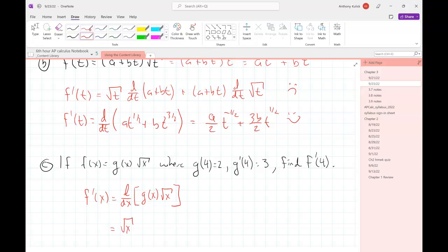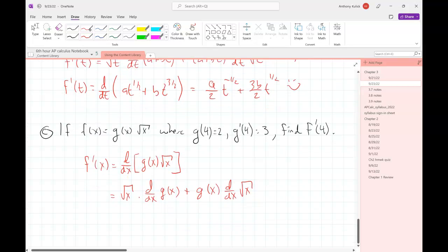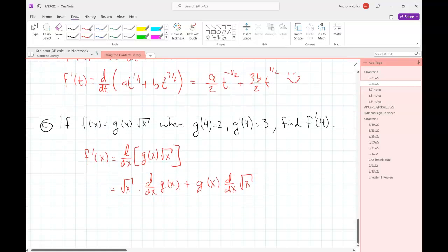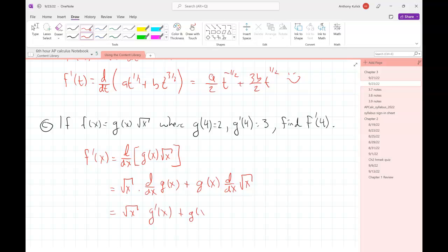So I'll have the first function times the derivative of the second plus the second function times the derivative of the first. The derivative of g of x is just going to be g prime of x. The derivative of the square root of x, I'm going to think about as x to 1/2.